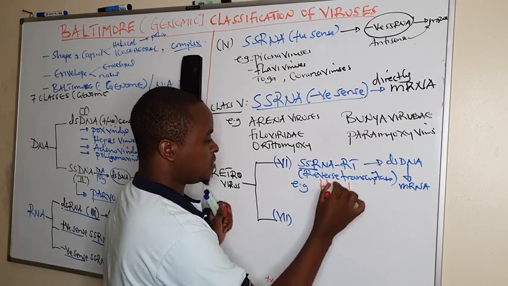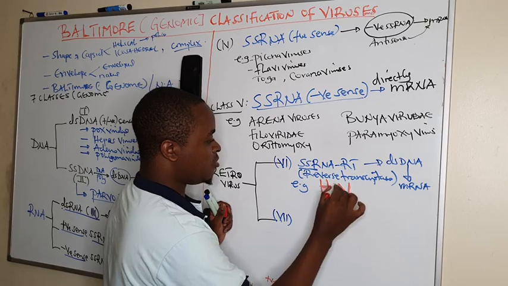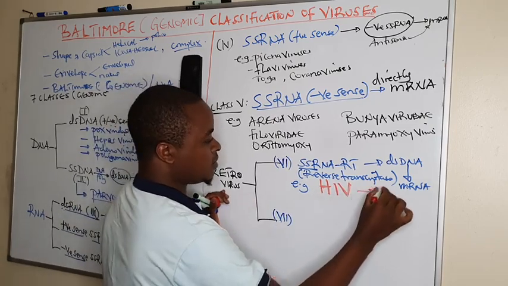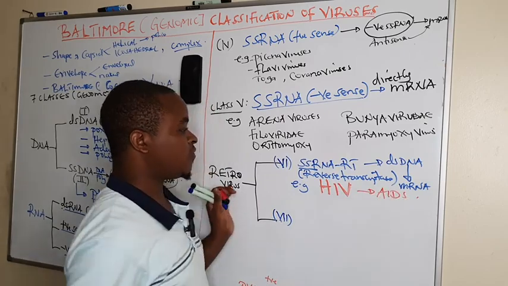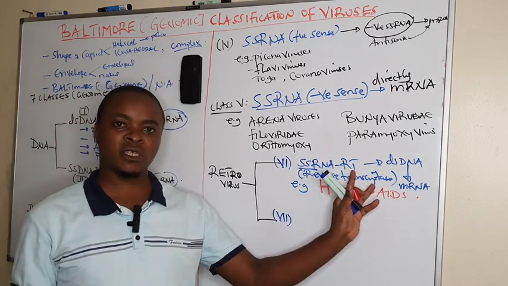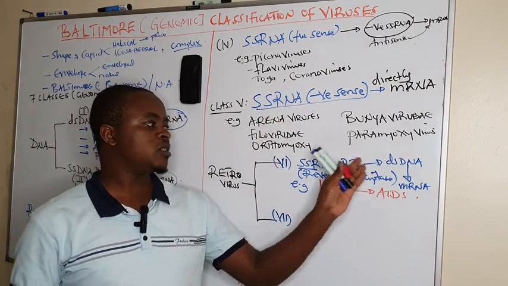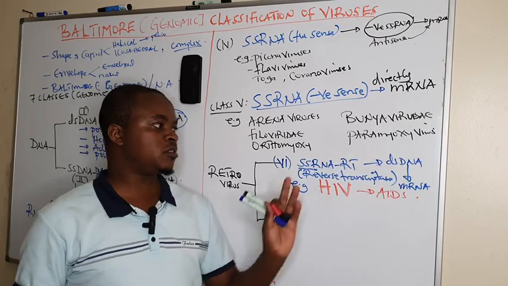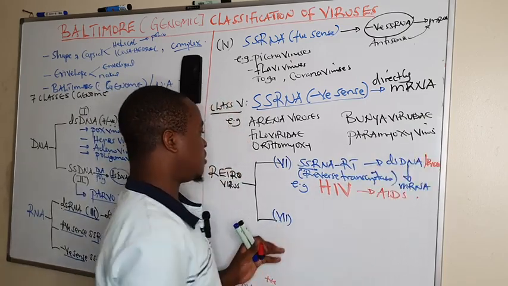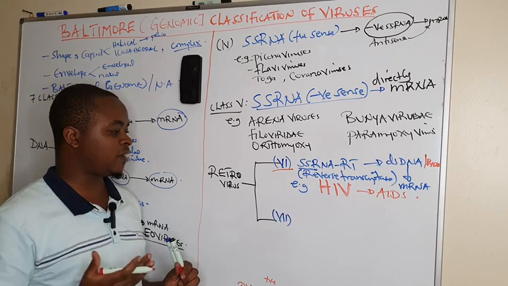Human immunodeficiency virus, which causes AIDS, belongs to this class of single-stranded RNA with reverse transcriptase. So they are reversed from single-stranded RNA to double-stranded DNA. That is class 6. Then lastly, we look at class 7.